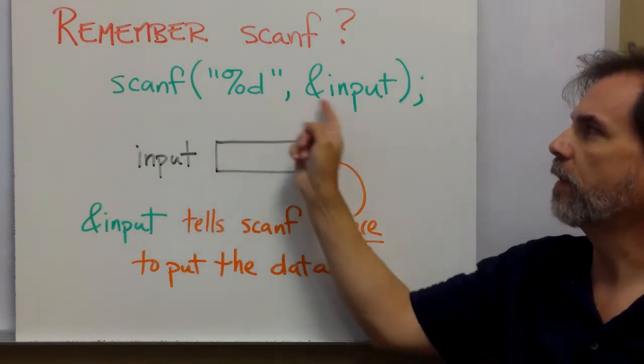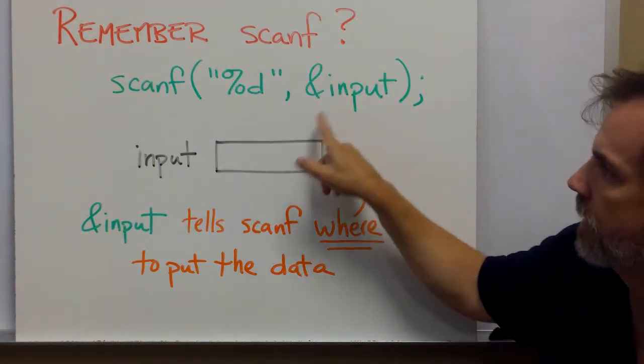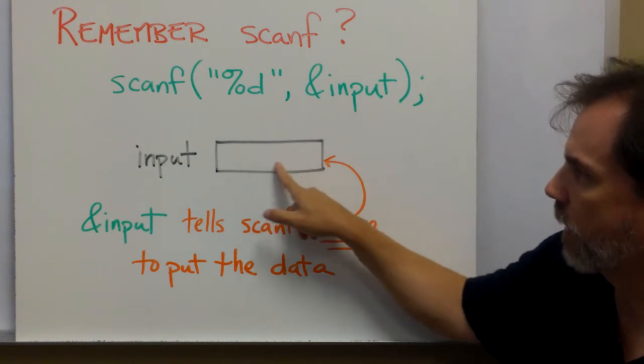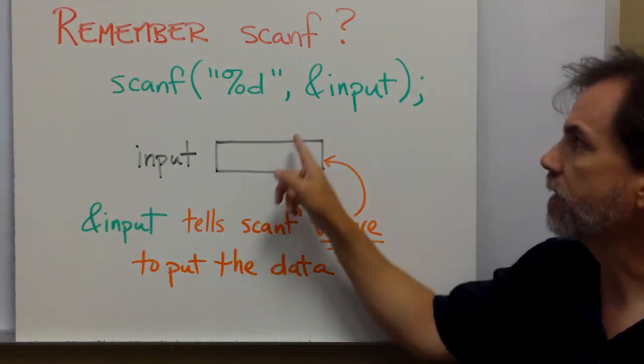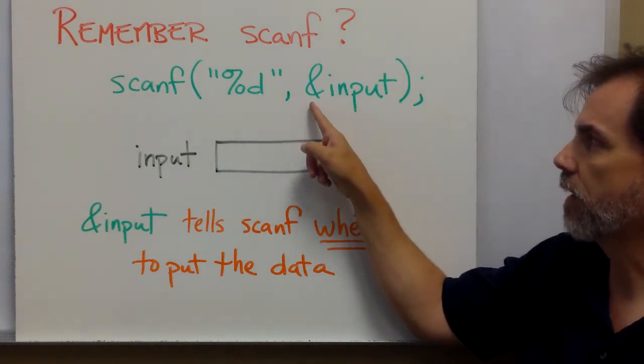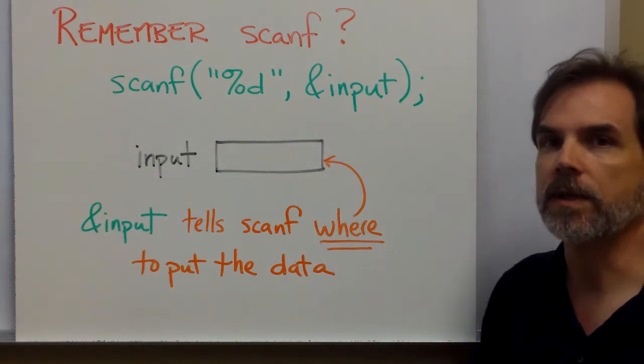If I just told it about input without the ampersand, I would be talking about the value that's stored in input. So instead we use the ampersand operator and tell scanf where we want the data to be placed.